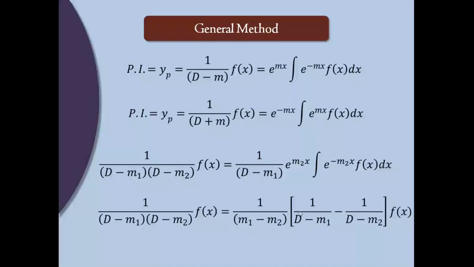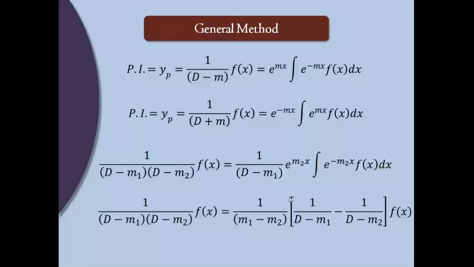So it is a sort of solving two single integrations. This is sort of a double integration, and this is sort of two single integrations. And solving two integrations is always more convenient than solving one double integration. So generally we use this second formula to get the solution.